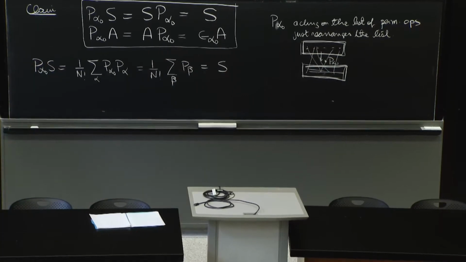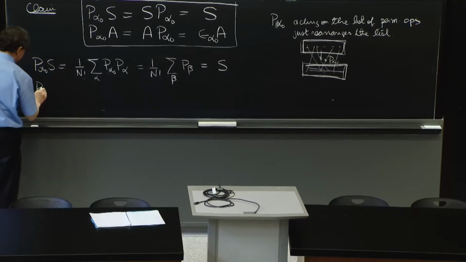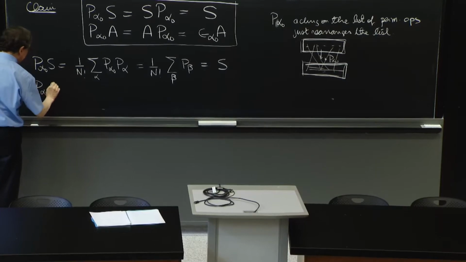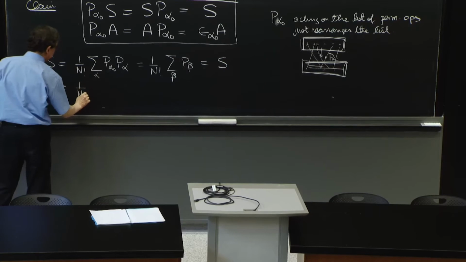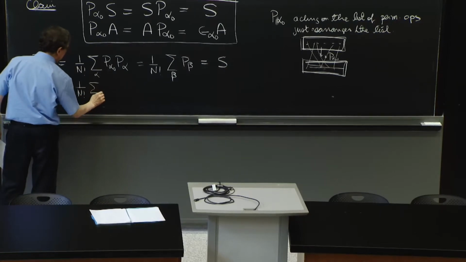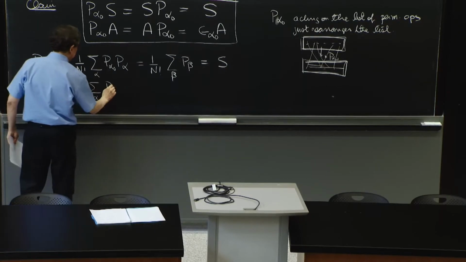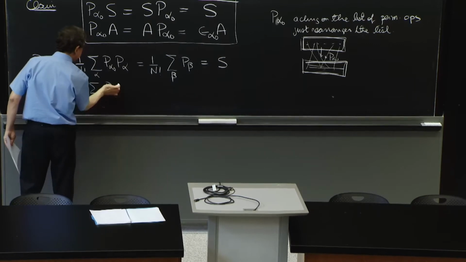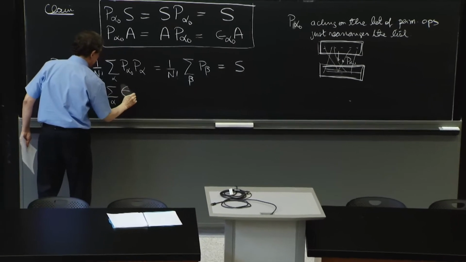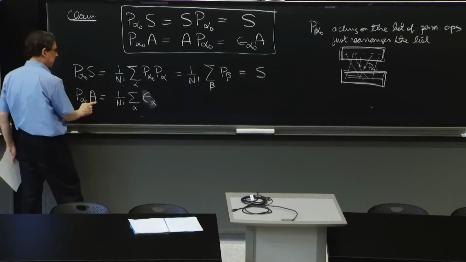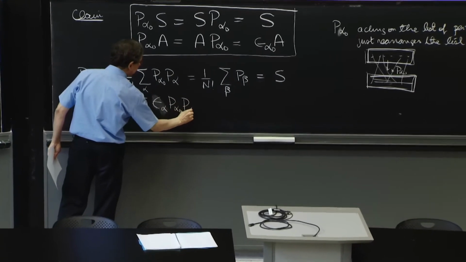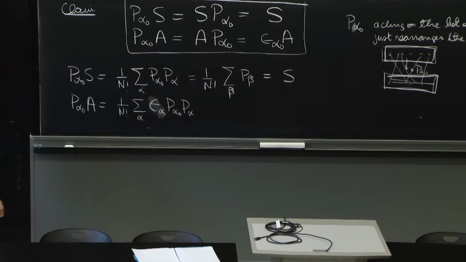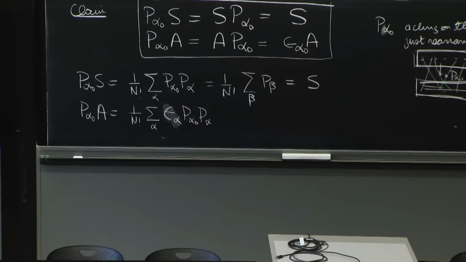For the A case, let's do it. P alpha 0, we have to work a little more. A is always a little more subtle. 1 over n factorial sum over alpha, P alpha 0, but this time I have the epsilon alpha of the A, P alpha 0, P alpha. Okay.